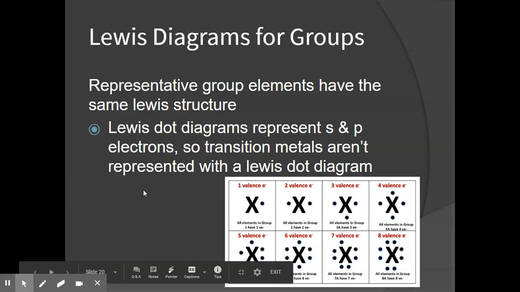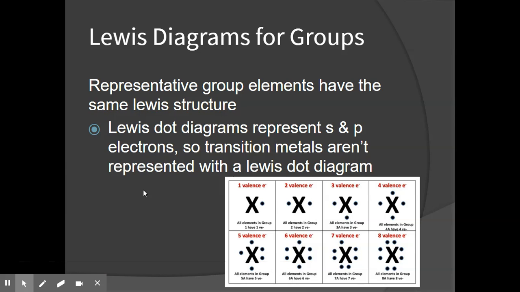Now, it is important to note that because the valence electrons are the s and p electrons, and since transition metals, technically their last electrons fill into a d orbital, we don't typically use Lewis dot structures to represent the valence electrons of transition metals.